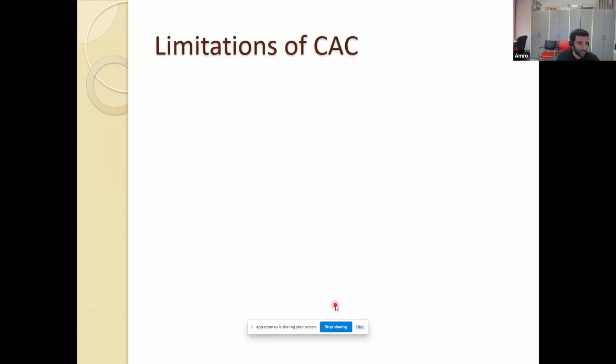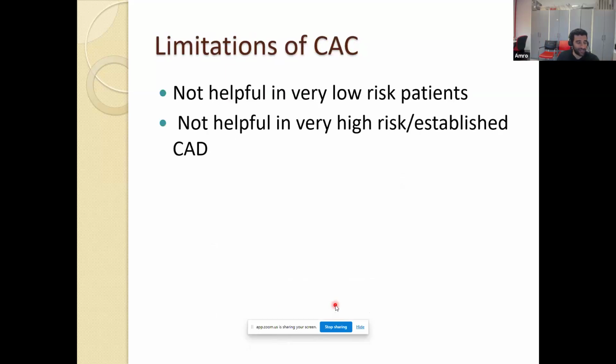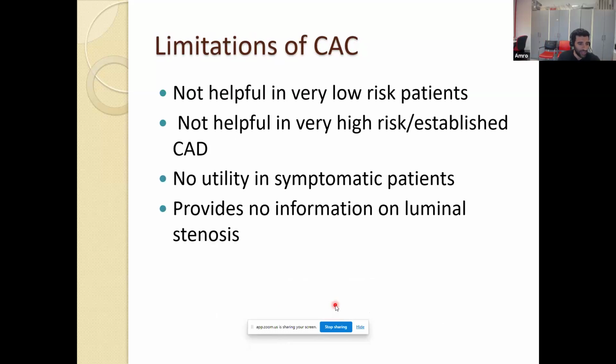What are the limitations of a calcium score or a coronary artery calcium score? I've said to you, it's not helpful in very low risk patients, not going to add any more information. It's not helpful in very high risk patients or those with coronary artery disease. If you're symptomatic, if you've got chest pain, there's no point doing a coronary artery calcium score, because they just give you a reference point in terms of the calcium burden.